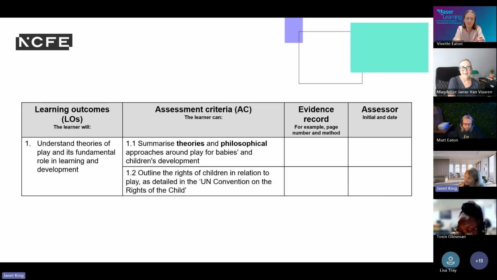When it comes to theories, and I will get past 1.1, I promise, but when it comes to theories, I think, again, I wrote down some of these things because I didn't want to miss them out. We're thinking about the play cycle, and these are all mentioned in the links, but thinking about the play cycle, and that's Gordon Sturrock and Perry Else.